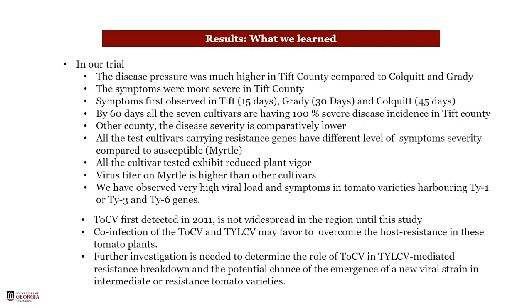The other studies reported that the Ty-1 resistance breaks down due to the presence of ToCV and TYLCV together. At this point, we do not have any host resistance against ToCV. In our lab, we are now studying Ty-3, Ty-6, Ty-5, and other Ty genes, to see which will have better resistance against the combination of these viruses.